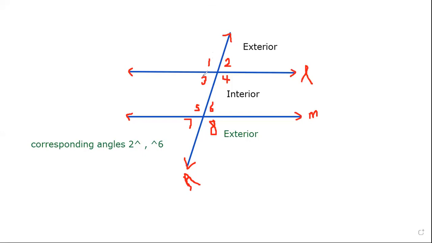And what else? 3 and 7. Thank you so much. So we have different pairs of corresponding angles, and they should be equal in measure. Like 2 and 6, 4 and 8, 1 and 5, 3 and 7.